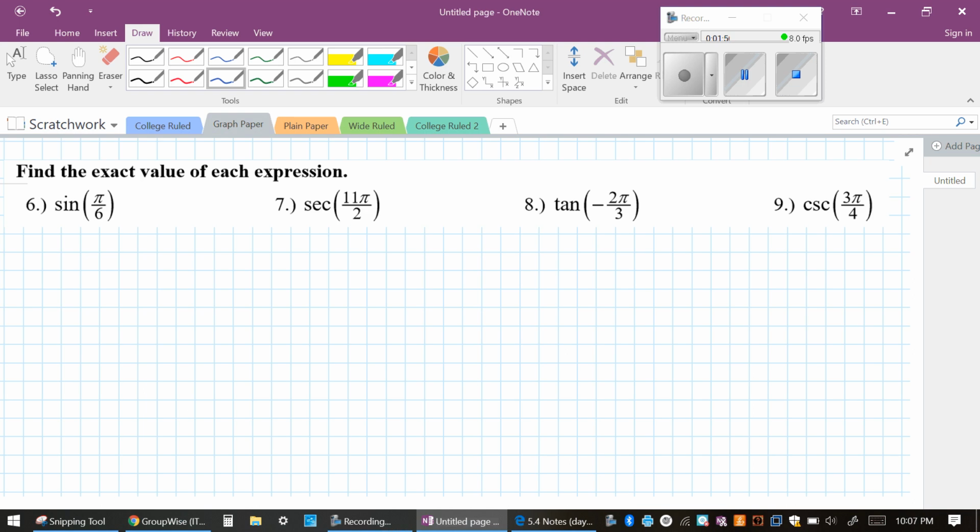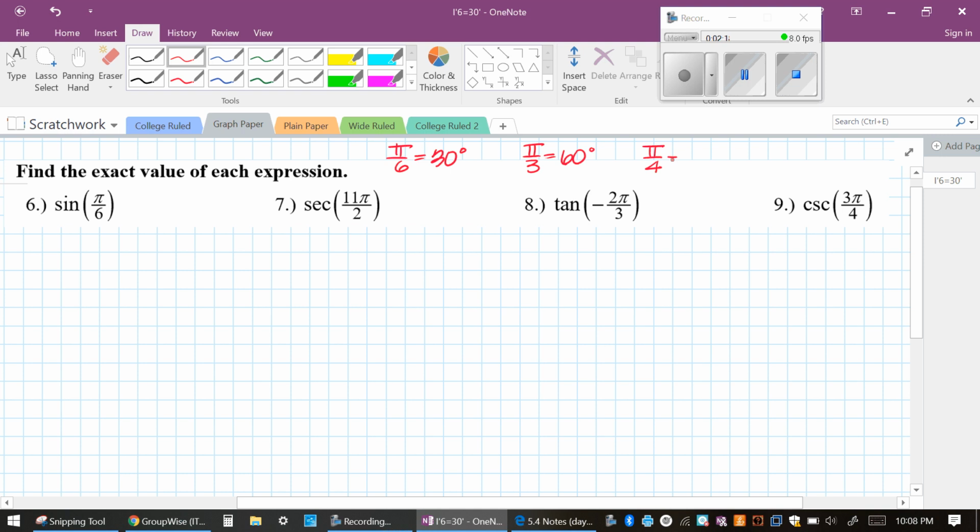Okay. Find the exact value of each expression. Sine of pi over 6. Pi over 6 is the equivalent of 30 degrees. Pi over 6 is 30 degrees. Pi over 3 is 60 degrees.